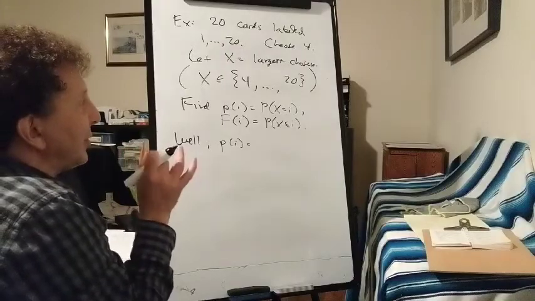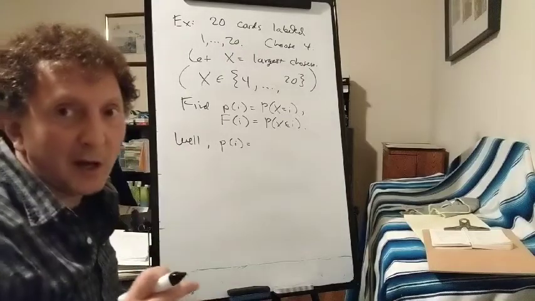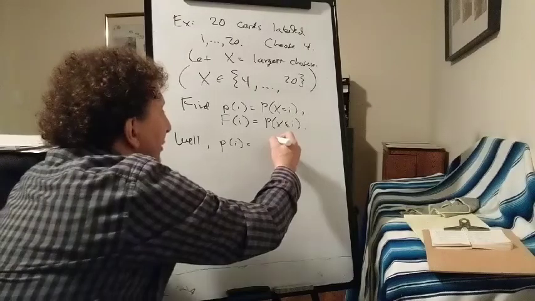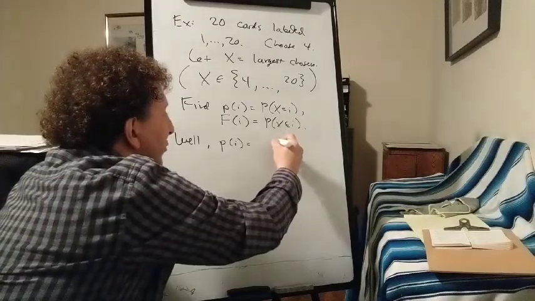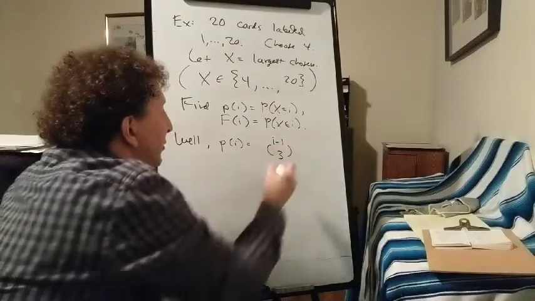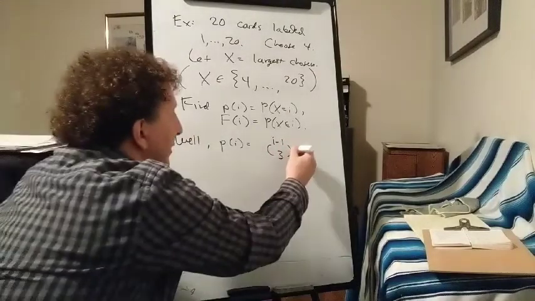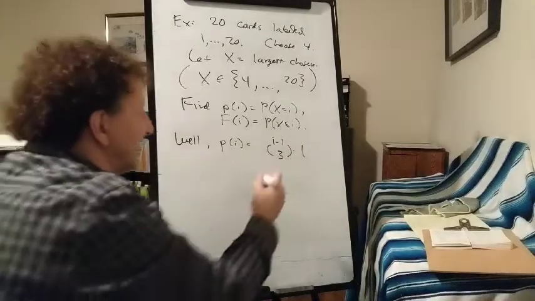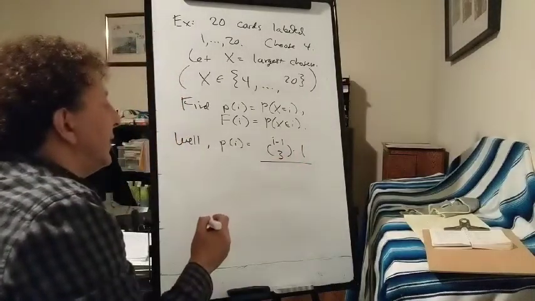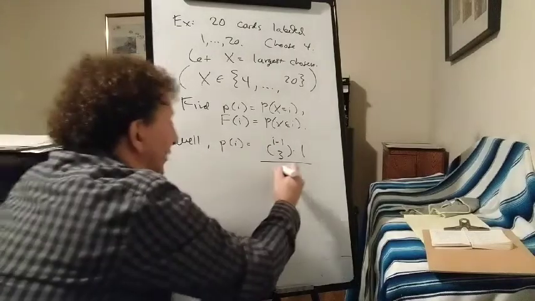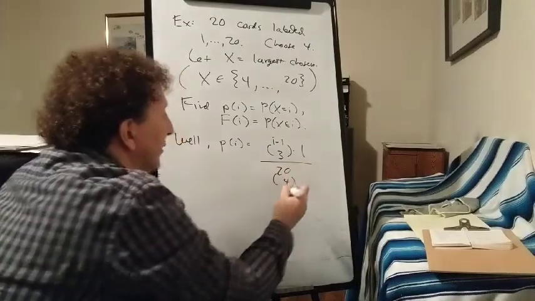Well, I guess the lower three numbers have to be between 1 and i minus 1. So that is i minus 1 choices. So we'll choose three of the cards between 1 and i minus 1. And then choose the i. And that over the total number of ways to choose 4 cards out of 20, which is 20 choose 4.